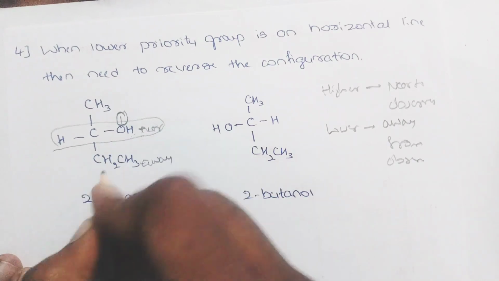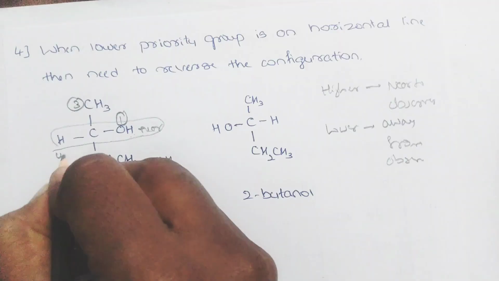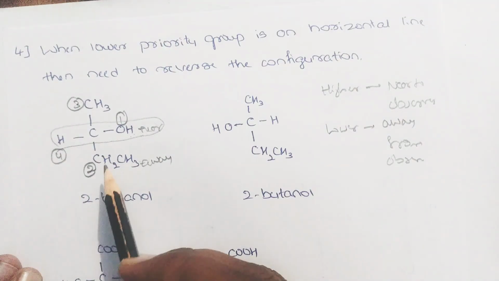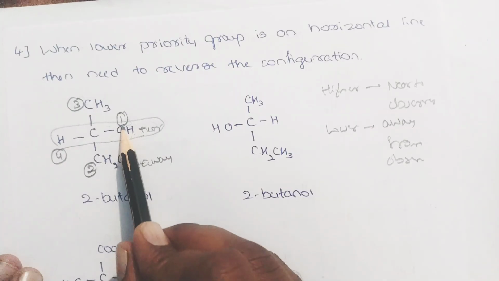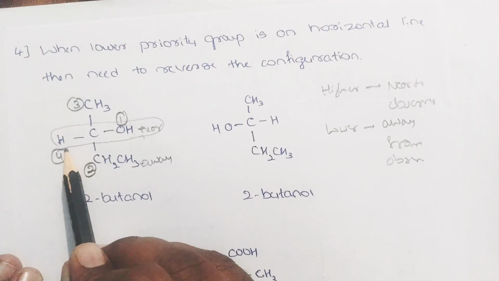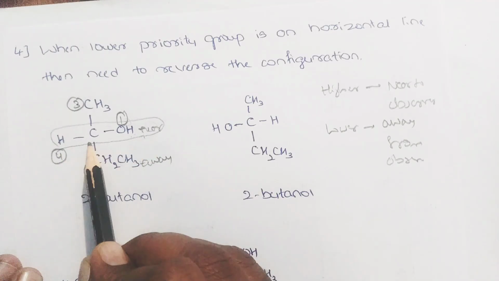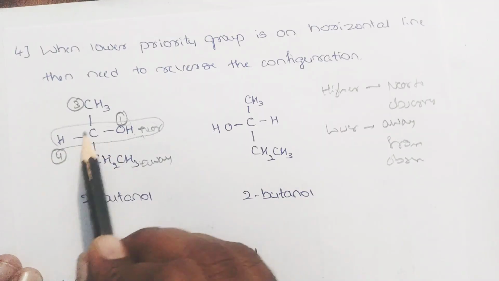So OH gets 1, CH2CH3 gets 2, CH3 gets 3, and H gets 4. Check the priority groups. OH is nearer, priority number 1 is correct. Here hydrogen is the lower priority, but it is nearer to the observer, means it is on the horizontal line. So here we need to reverse the configuration.